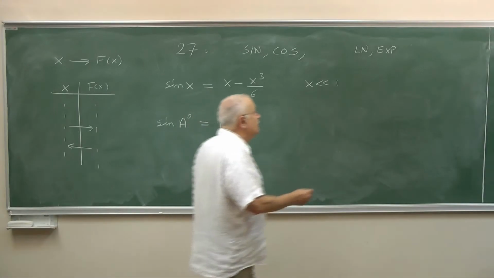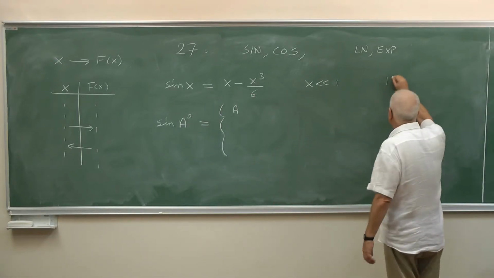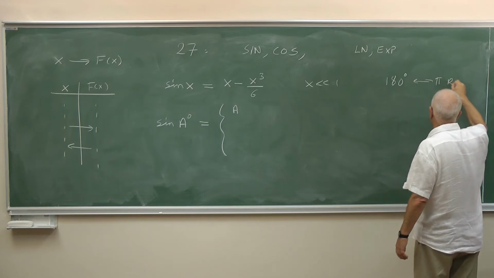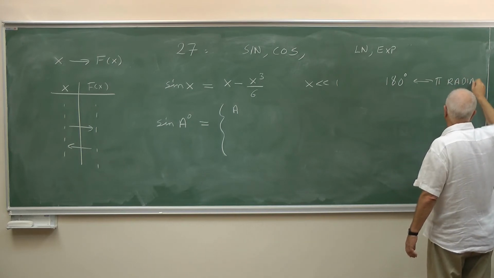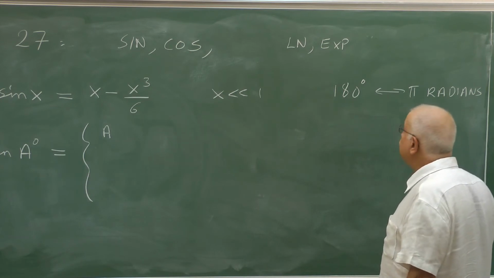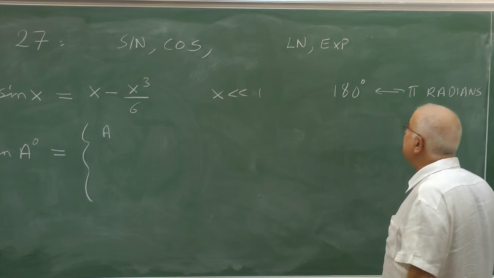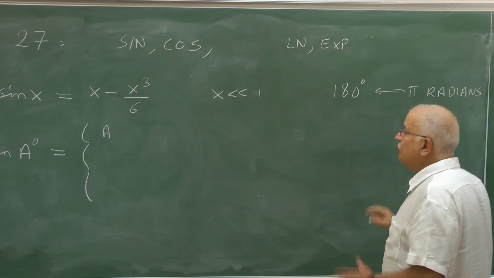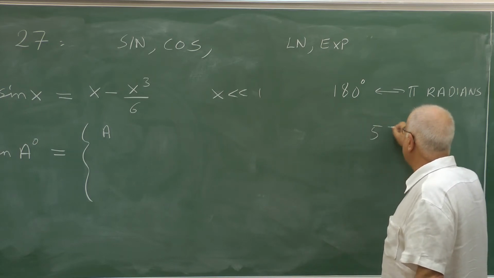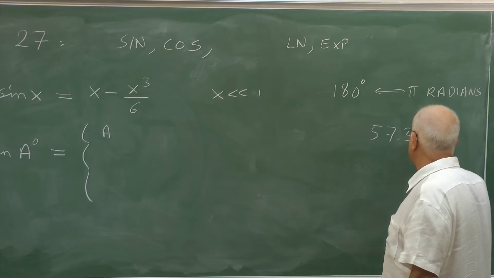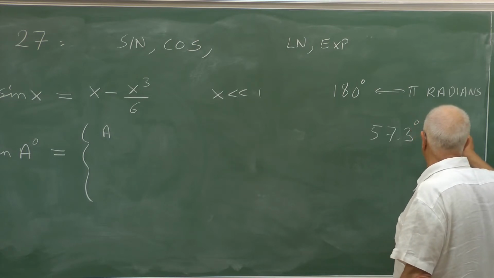Well, the correspondence is 180 degrees is pi radians. Therefore, the degrees should be divided by 180 divided by pi, which is 57.3. So that equals 1 radian.